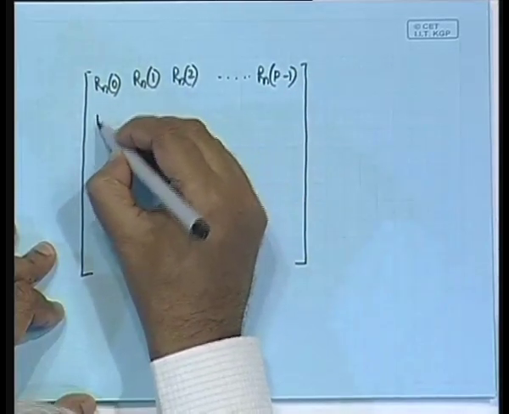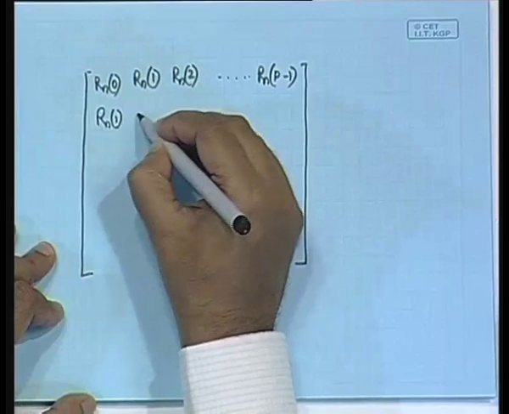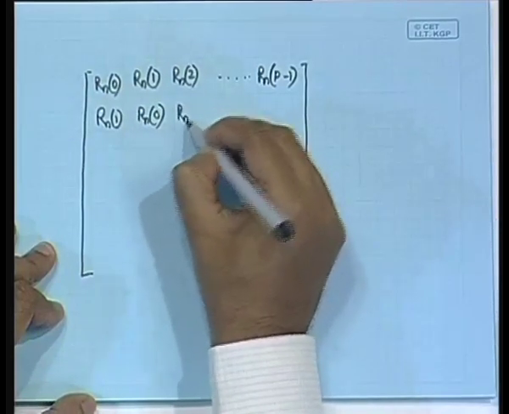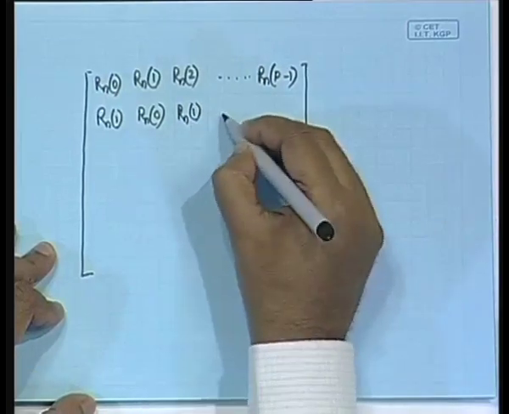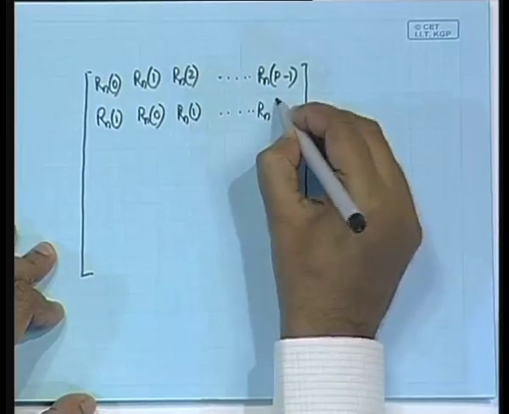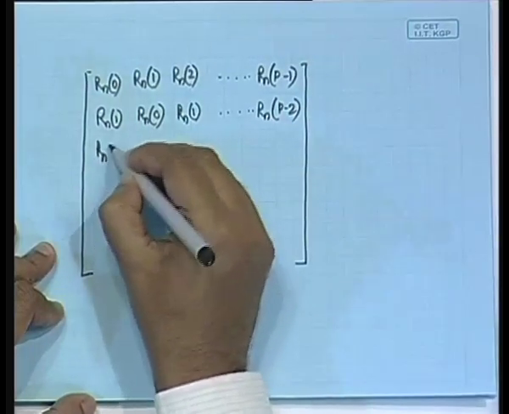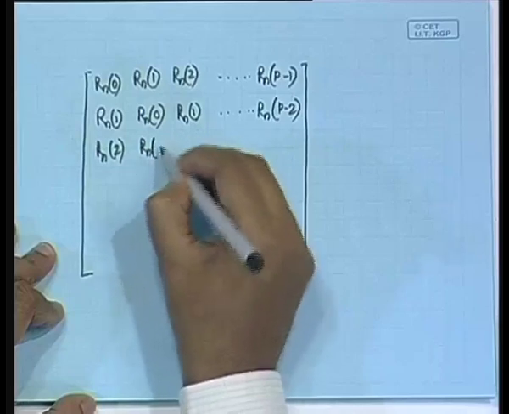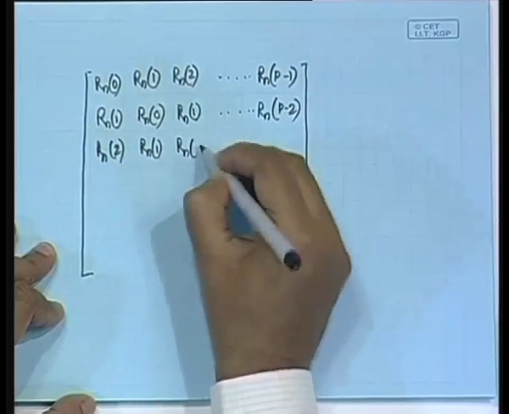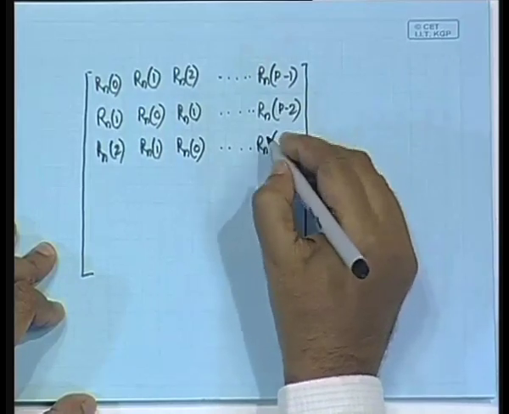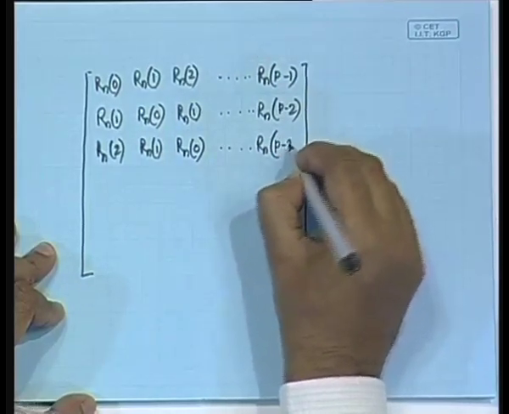Next row will be Rn1, Rn0, Rn1 up to Rn p minus 2, then Rn2, Rn1, Rn0, last term Rn p minus 3.